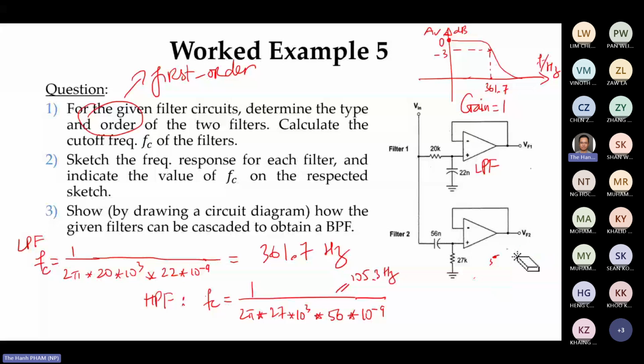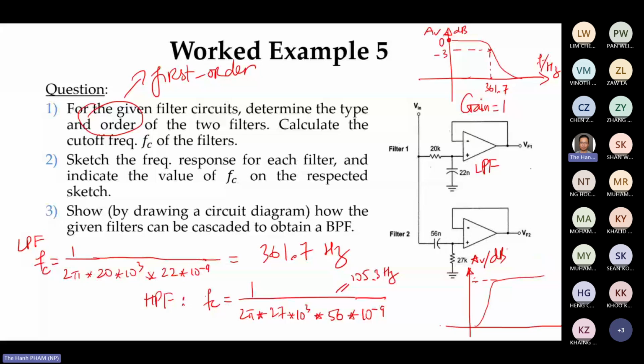So for the high pass, it should be like this. This one is gain in dB, and this one should be 0 dB, and you bring down to -3.